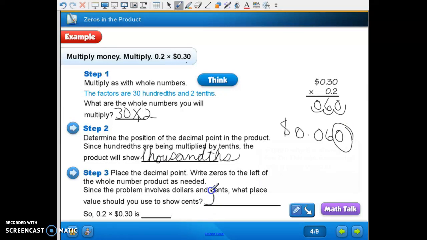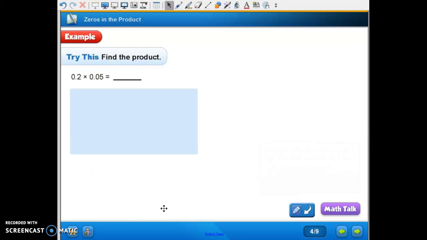Hundredths, right? So 2/10 times 30 cents is how much? $1.60.